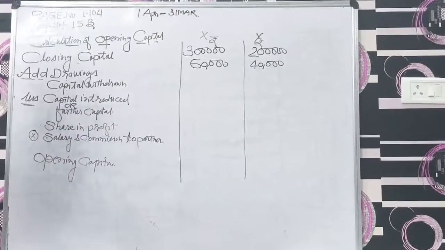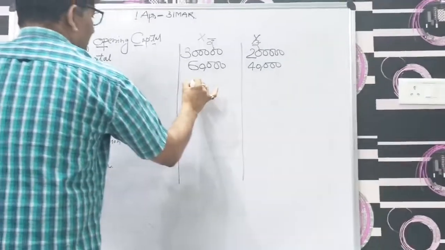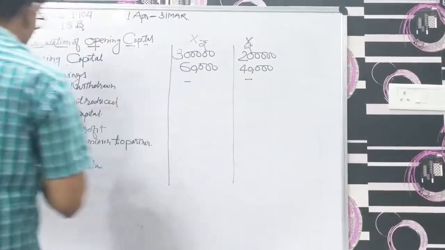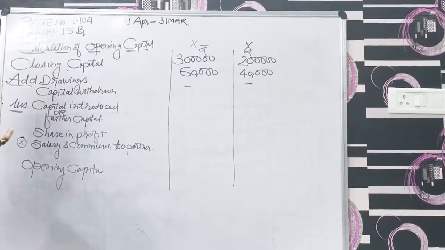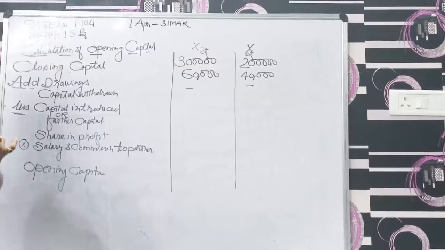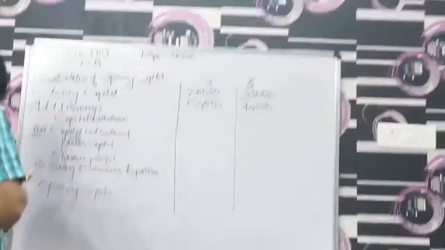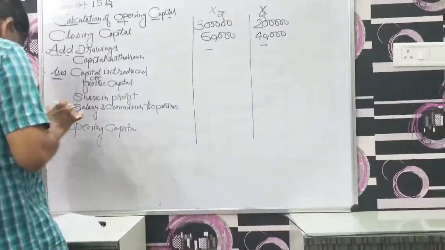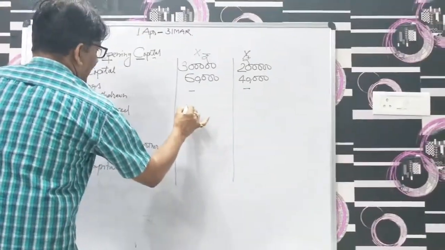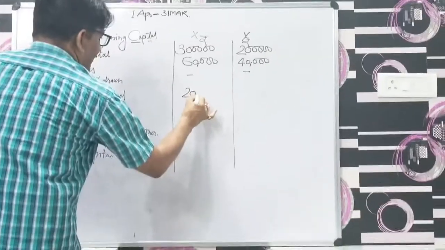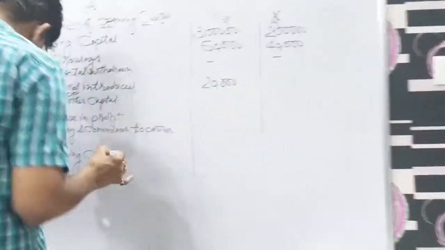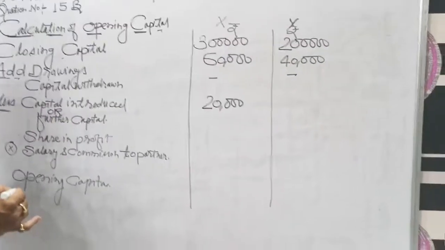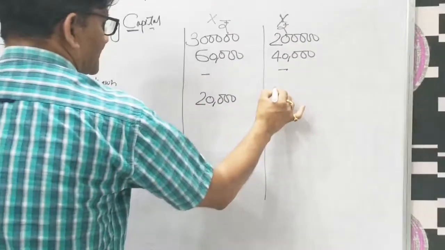Capital withdrawn is not given, we leave it blank. Capital introduced is given, so we have to consider that part. X introduced 20,000 and Y introduced 30,000.